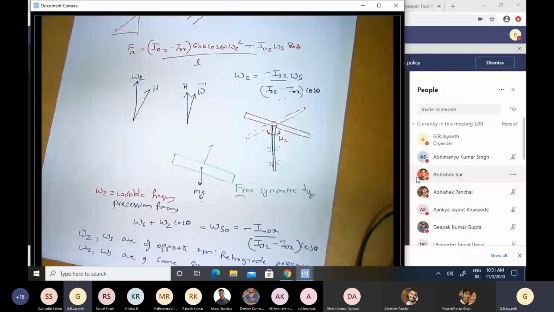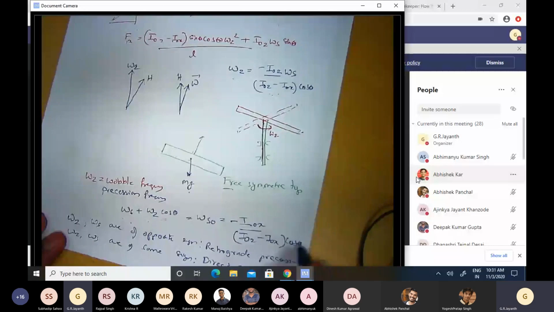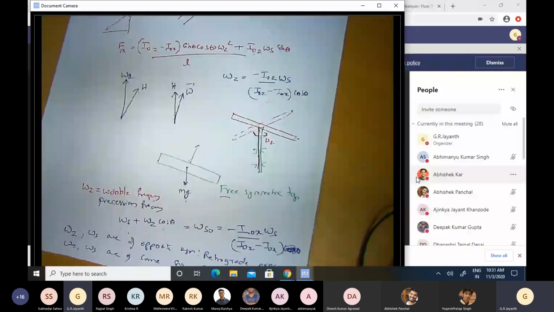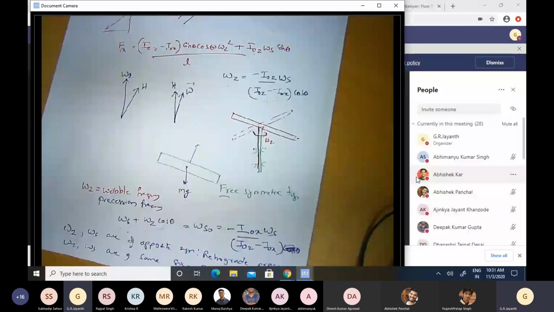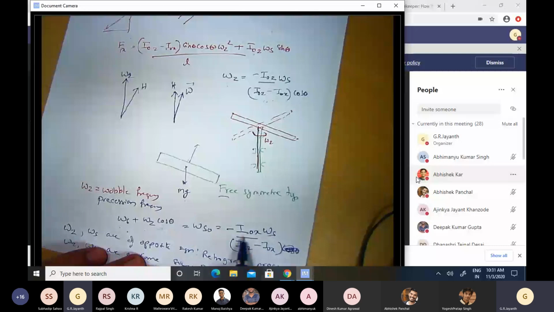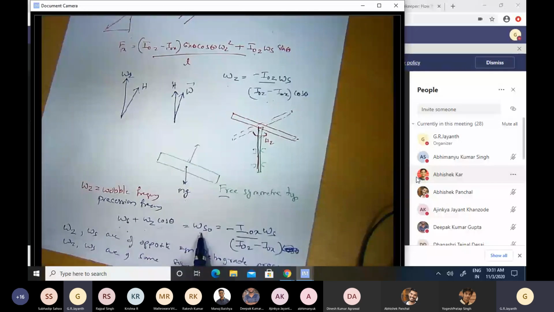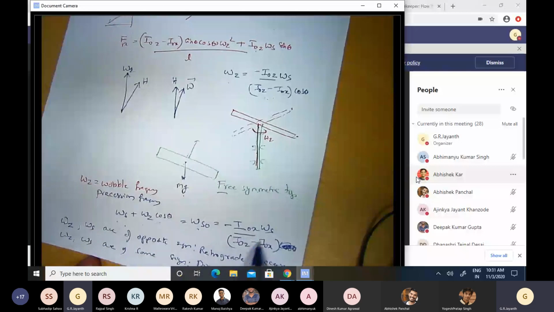So omega s naught, sorry, there is no cos theta at the bottom. It's just omega s. So omega s naught, if you just plug in this expression here, you will get the spin speed with respect to the surface normal, and this is basically the component of spin speed along the body's z-axis, and that's given by this particular expression here.